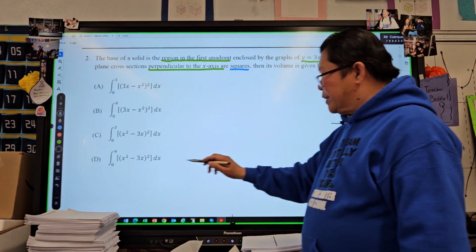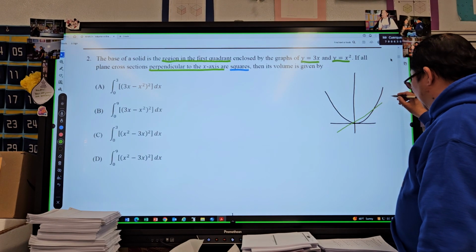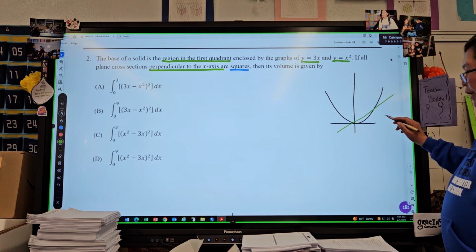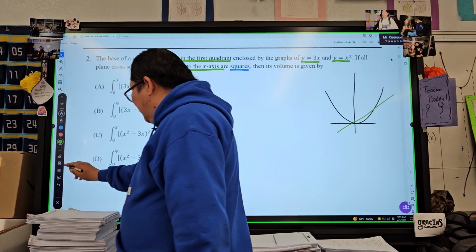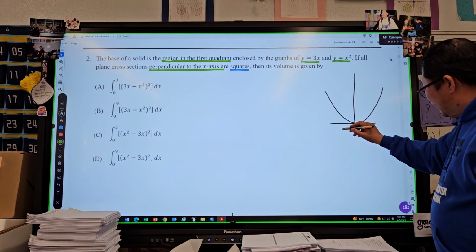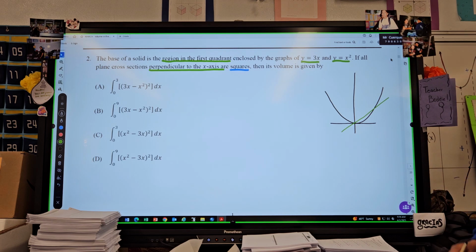So let's just assume that's 3x. It will cross at the origin right here. So I'm gonna make sure it will cross right here. Okay. So we want to know this, right?